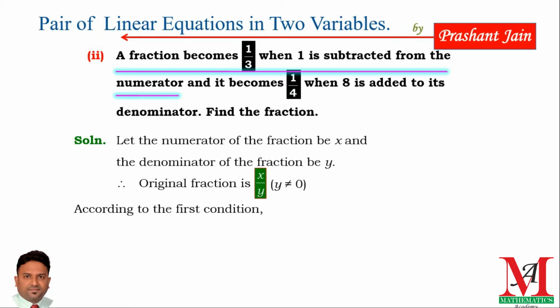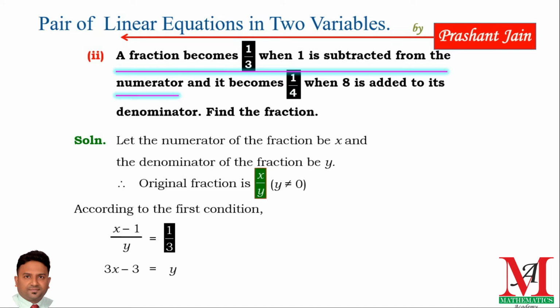A fraction becomes 1 upon 3 when 1 is subtracted from the numerator. It means we just have to subtract 1 from the numerator, and we have the numerator as x. So after subtracting we get x minus 1, the denominator is as it is, and the fraction becomes 1 upon 3. Now we have to do the cross multiplication.